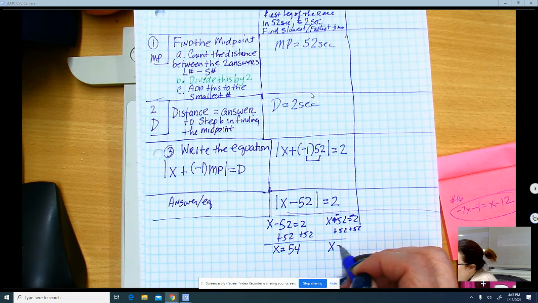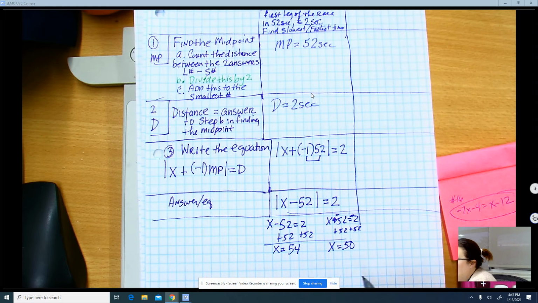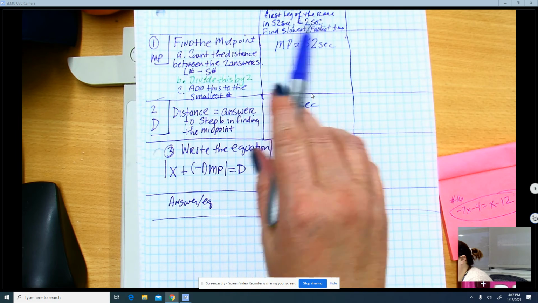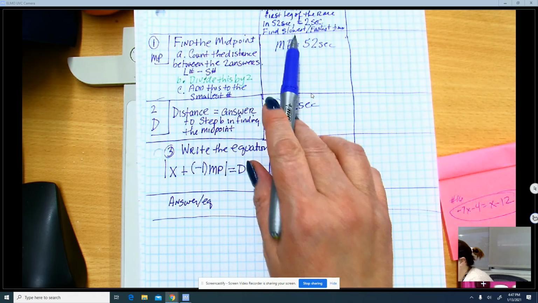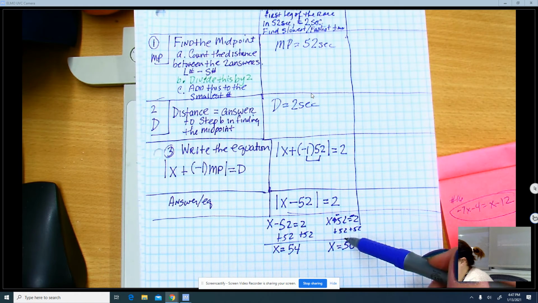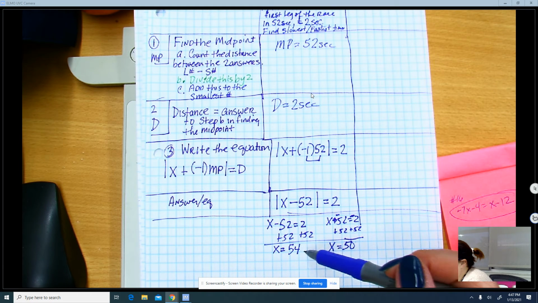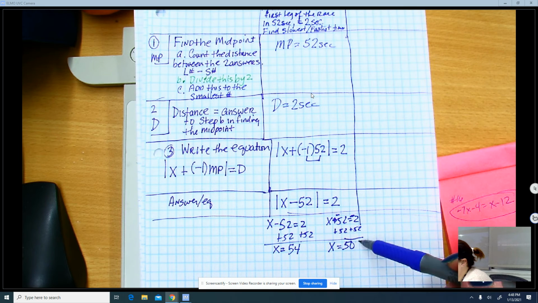And 52 plus -2 is going to be 50. So he runs 52 seconds in the race plus or minus 2 seconds. So his slowest time would be that he ran the race in 54 seconds. His fastest time, he ran it in 50 seconds.